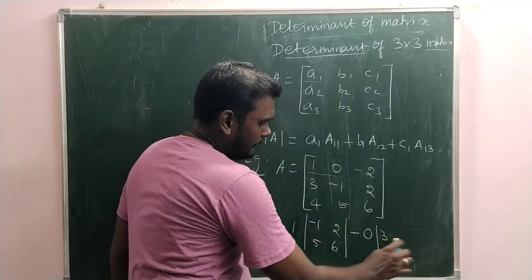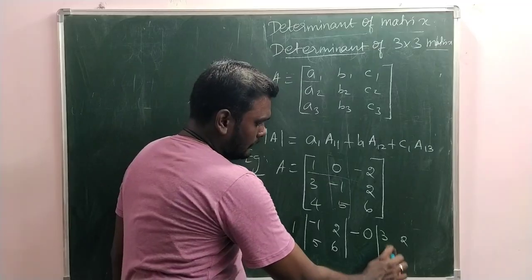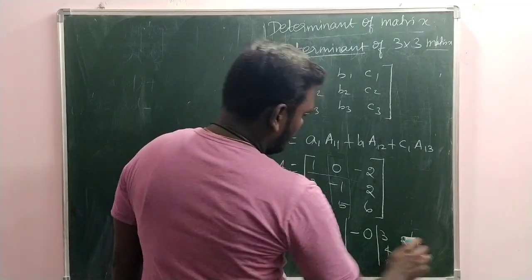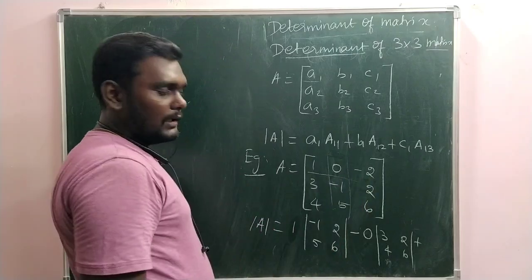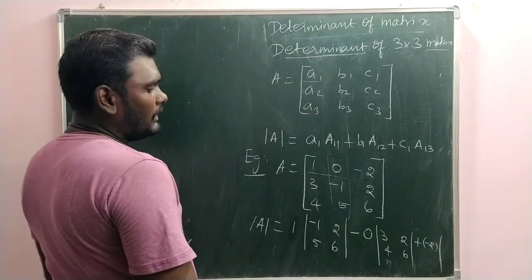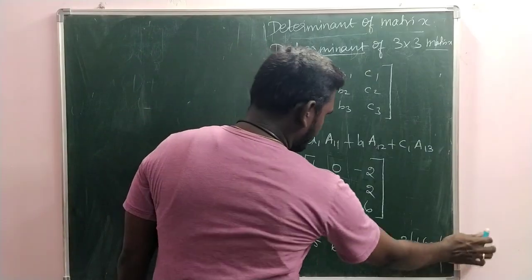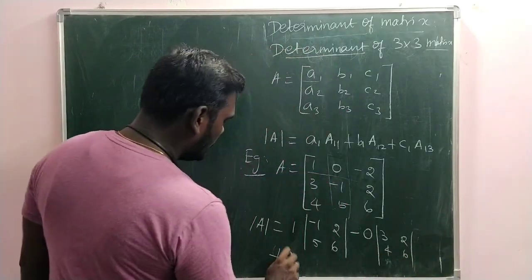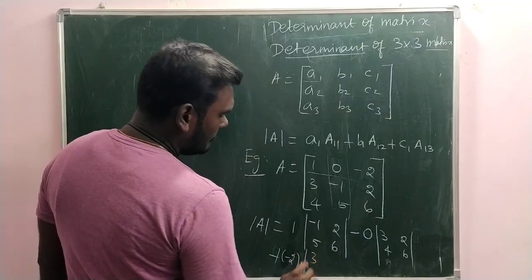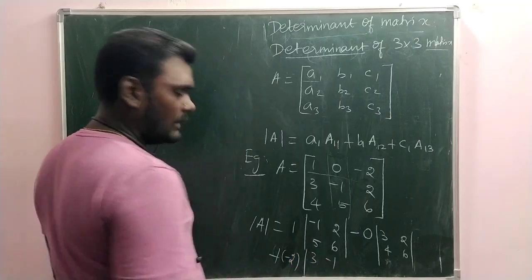So this is the determinant of 3, 2, 4, 6. And plus, because this place is plus and the number is minus 2, into determinant of this, plus of minus 2 into, yes, that's what I am saying.